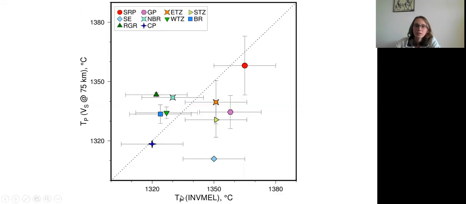For the geochemical one, I think those errors are the average uncertainties involved in this technique, and they're to do with how much you can vary the top of the melting column or the maximum melt fraction and still get a good fit.